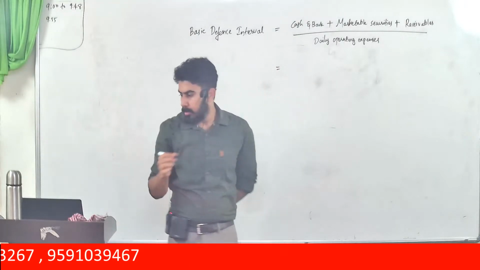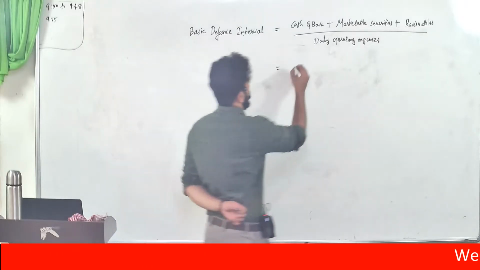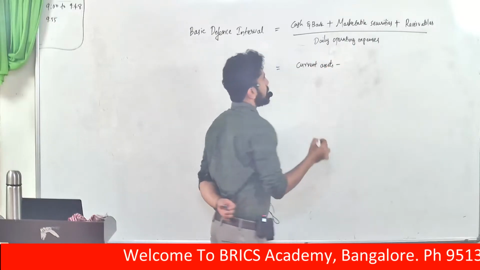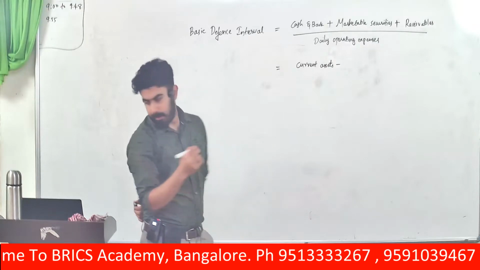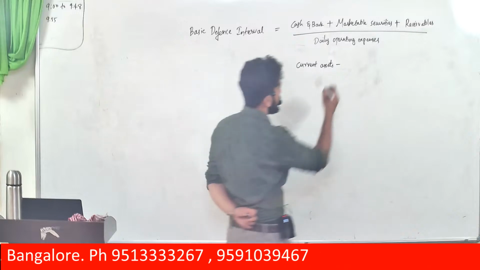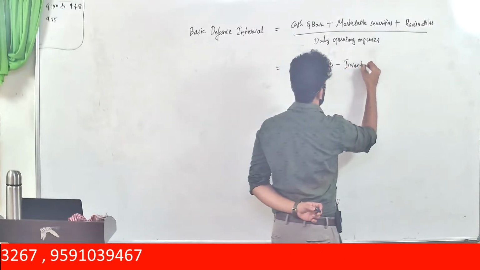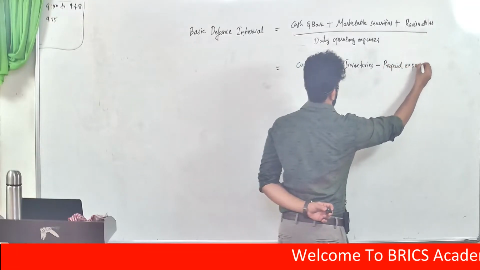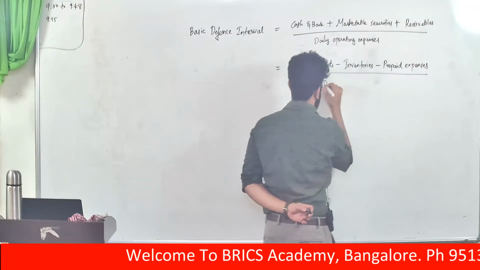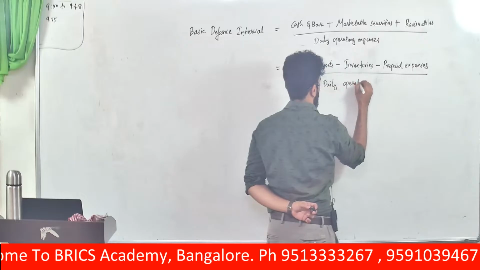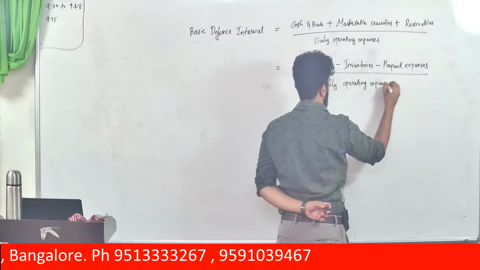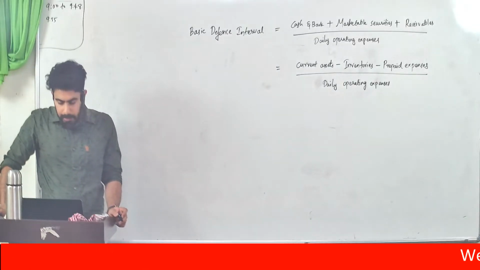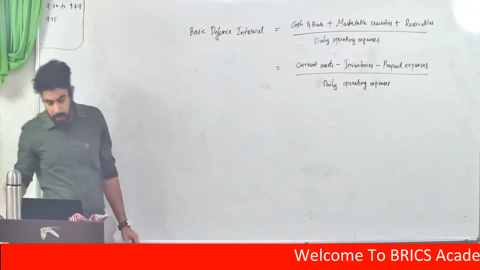Or there is another formula: current assets minus inventories minus prepaid expenses divided by daily operating expenses.